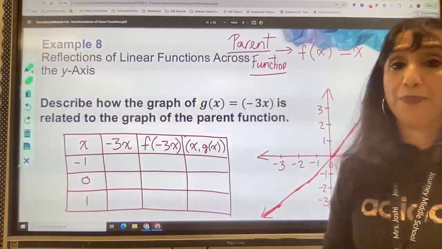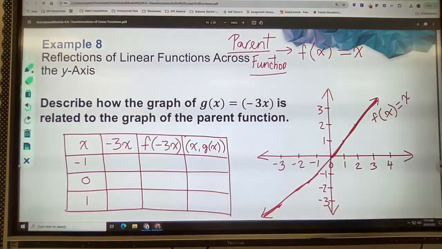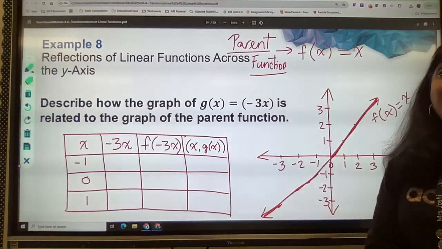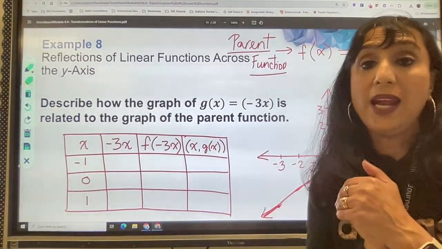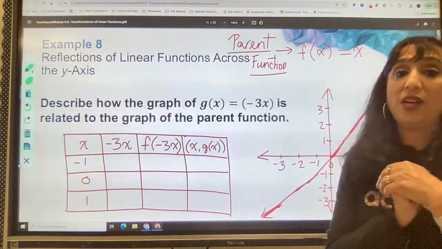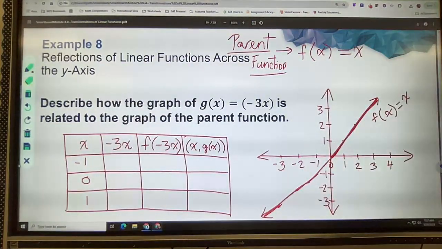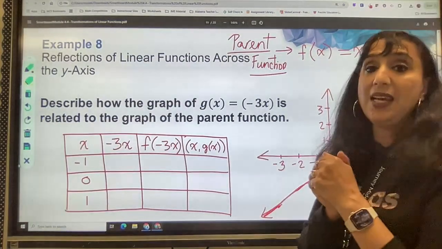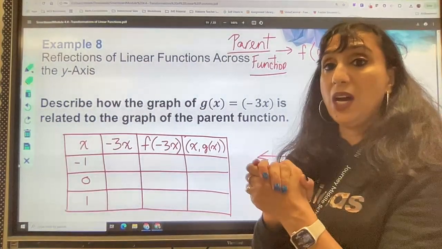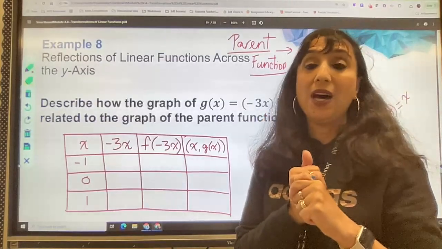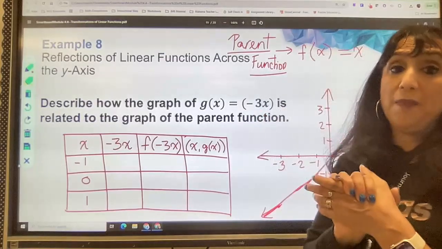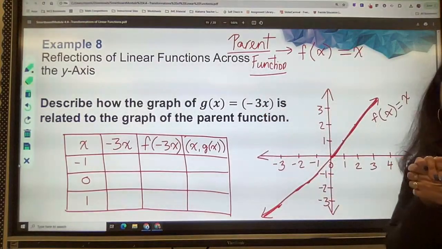Okay, so describe how the graph of g of x is equal to, grouped together now, negative 3x is related to the graph of the parent function. So now you can see that we are working on the grouping over here, and that is what makes it a y reflection, y-axis reflection.